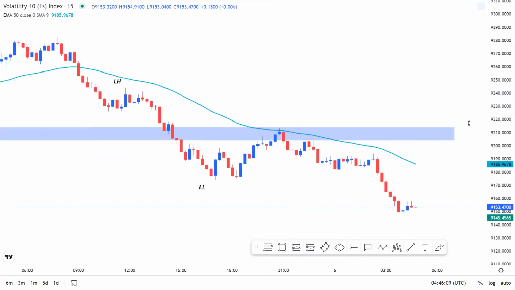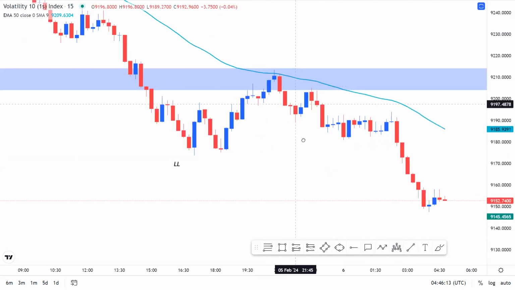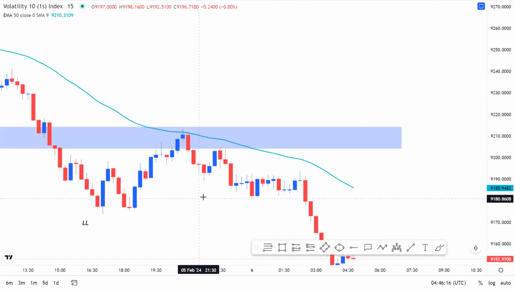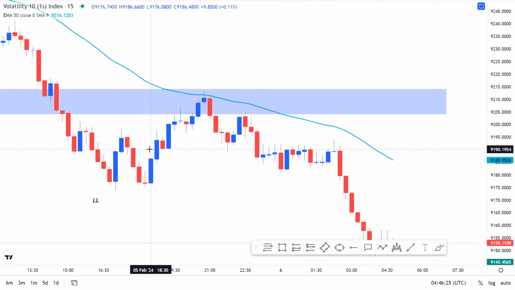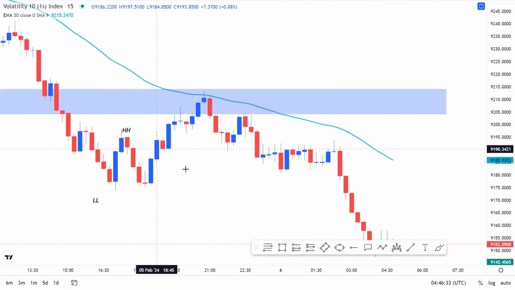Now moving down to the 15 minutes time frame, just like I explained using the chart examples, I noticed price was pointing us the higher highs and the higher lows.